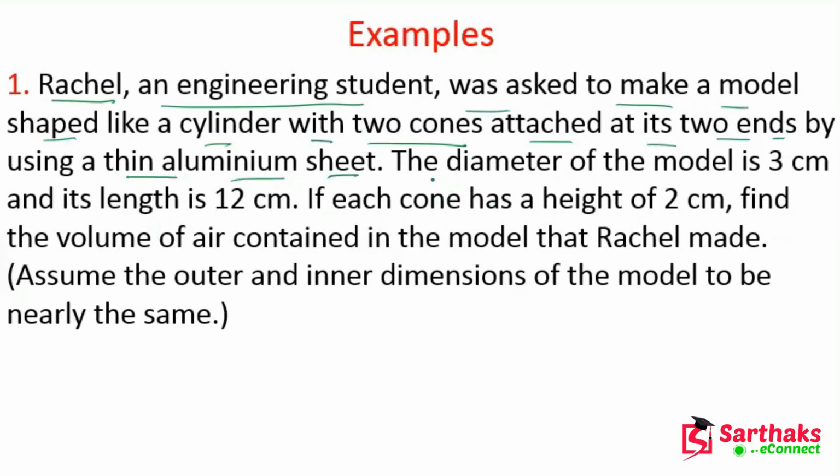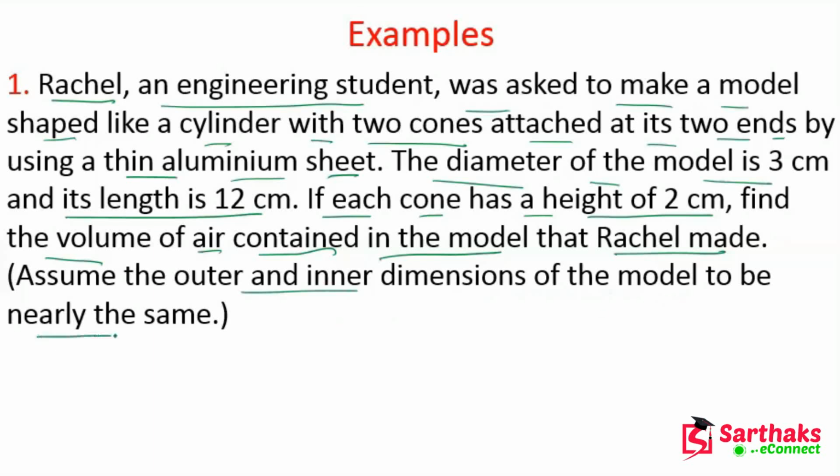The diameter of the model is 3 centimeter and its length is 12 centimeter. If each cone has a height of 2 centimeter, find the volume of air contained in the model that Rachel made. Now assume the outer and inner dimensions of the model to be nearly the same.